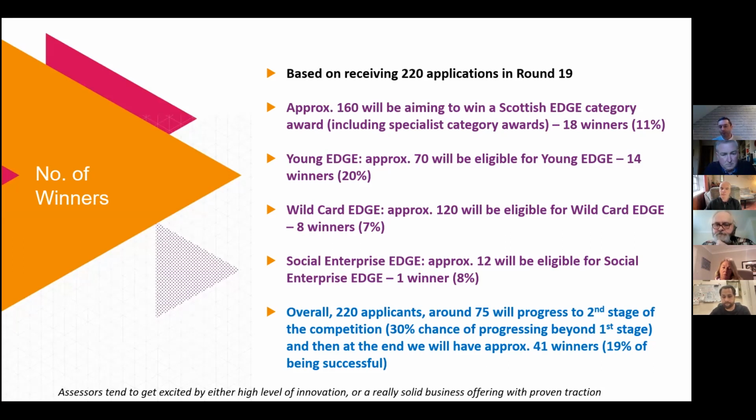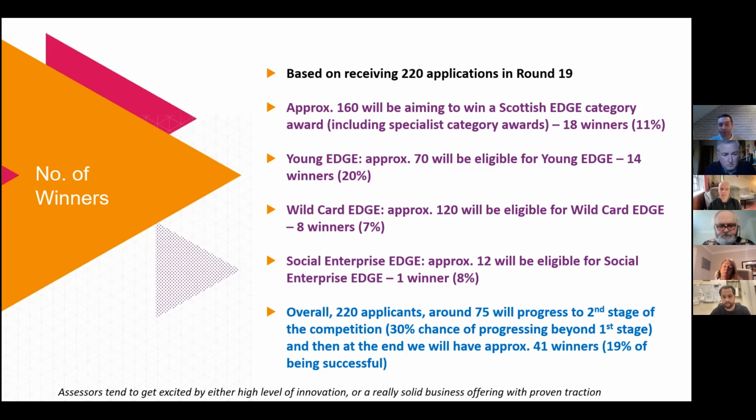Because we get crossover, some are eligible for Scottish Edge only, some are eligible for Scottish Edge and Young Edge. That's why we get some crossover in the numbers. So say 70 should be aged 18 to 30 within the overall competition, and if we have 14 winners, it's about a 20% chance of success.